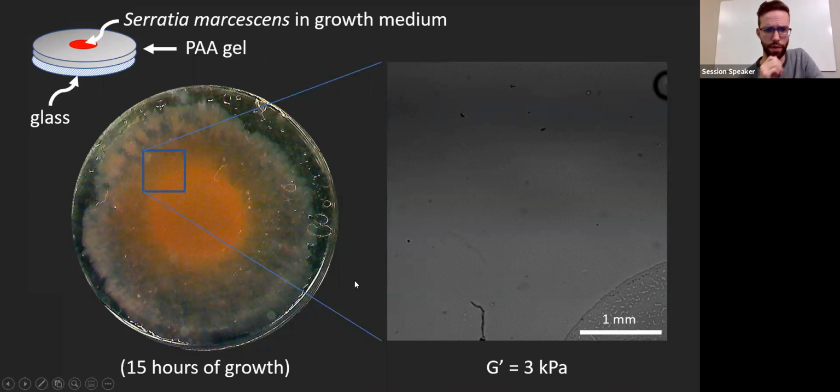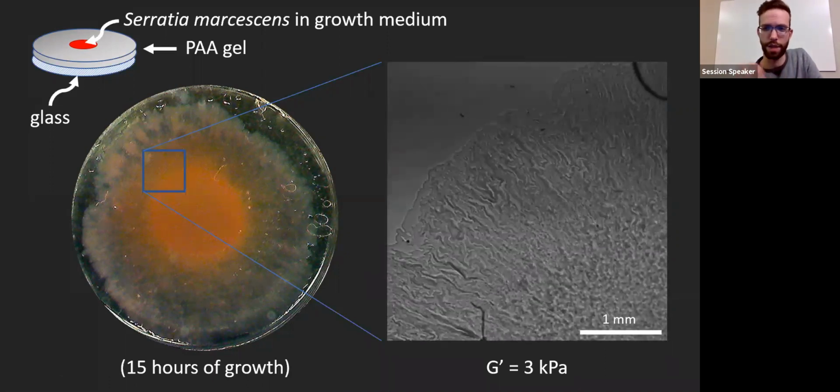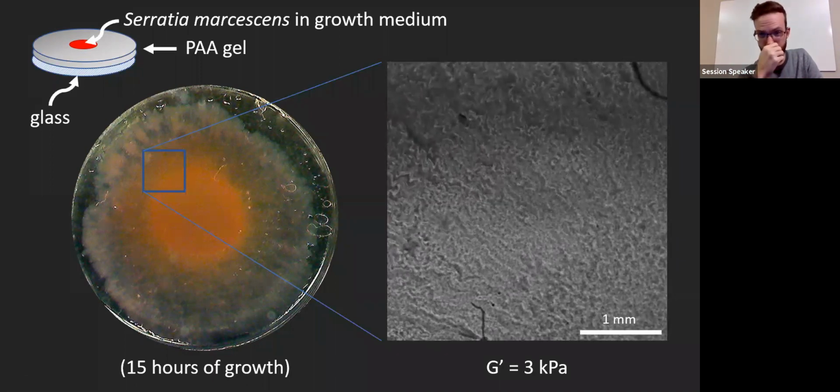So we were able to use time-lapse microscopy to take a look at individual sections of these colonies as they were growing to produce videos like this, where we can see the actual growth dynamics.